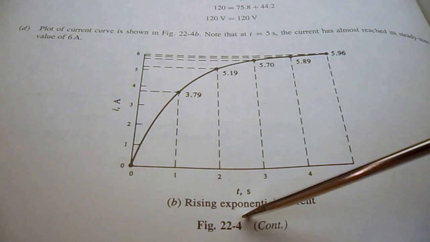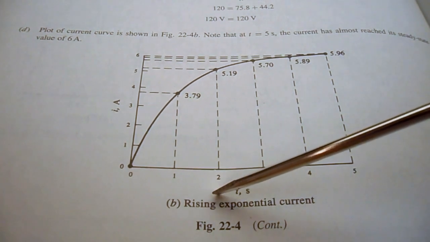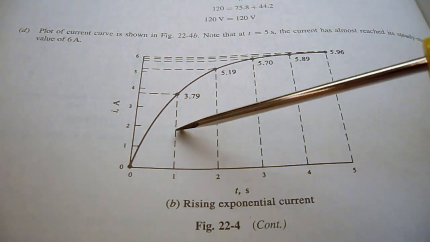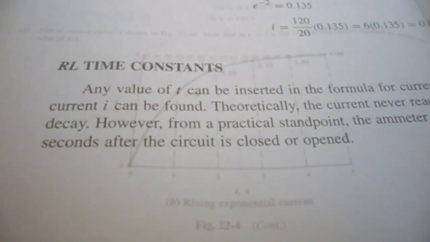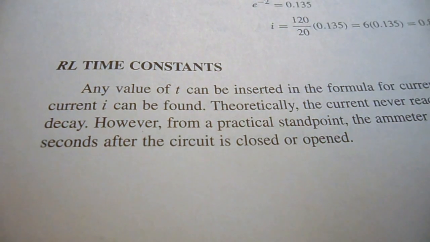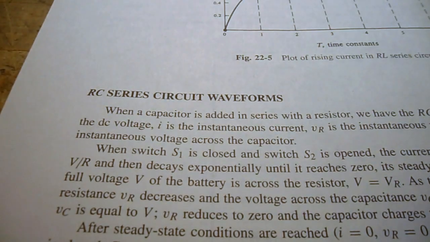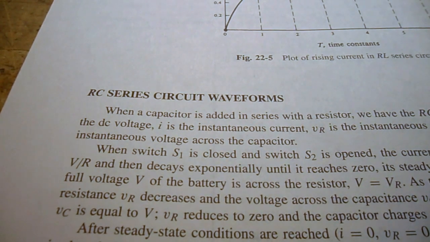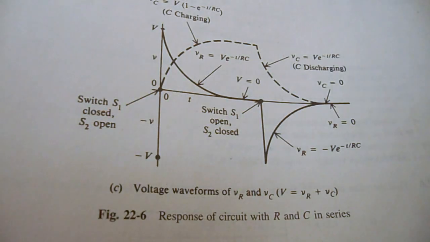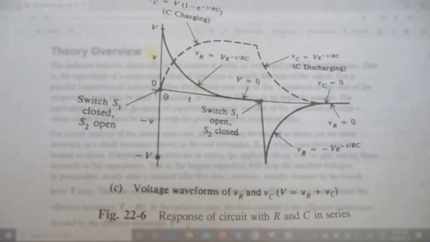Figure 22-4 shows you the rising exponential current. There's a section on RL time constants. There's a section on RC series circuit waveforms. And figure 22-6 shows you the response of a circuit with R and C in series.